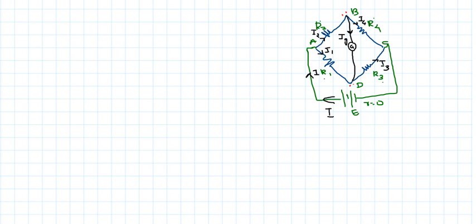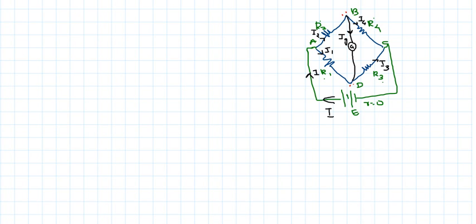Now with this information we have to solve for resistance R4. I'll repeat. We have a current of value I. It will split into I1 and I2 across R1 and R2, and across the galvanometer it is Ig. Similarly, across R4 and R3 we have currents I4 and I3. Now our aim is to find out the unknown resistance R4.